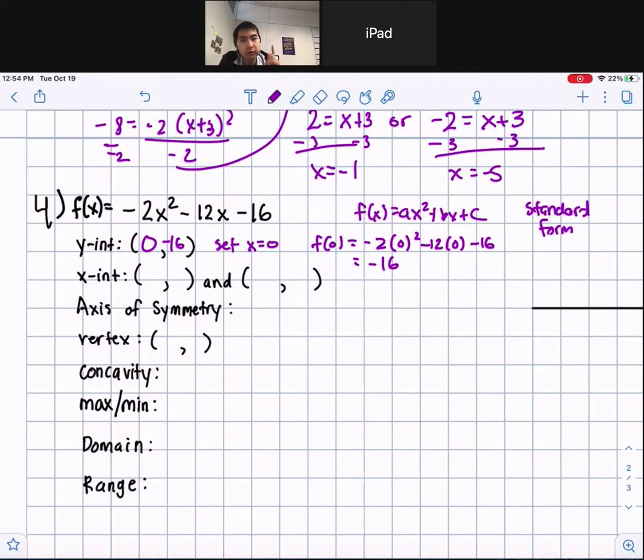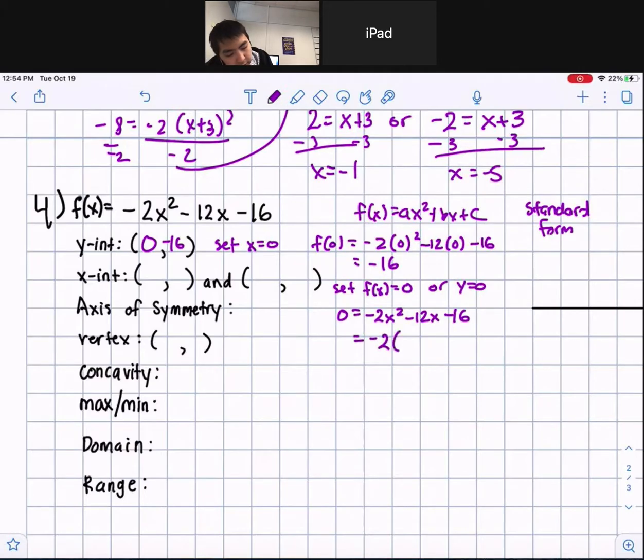Next, to find the x-intercept, you have to set f of x equals 0 and solve, or y equals 0, right? f of x and y are the same thing. So once you do that, you will have something like this, right? And this is where, to solve for x from here, you must factor.